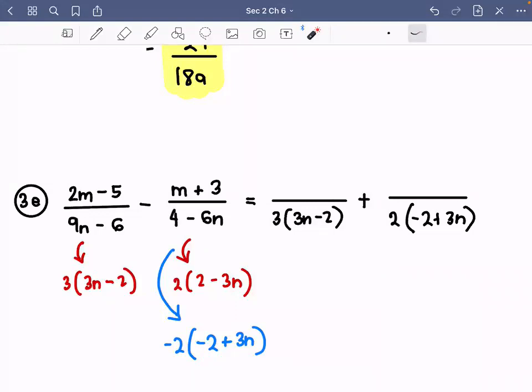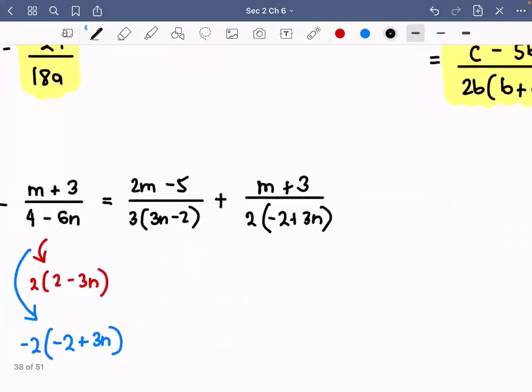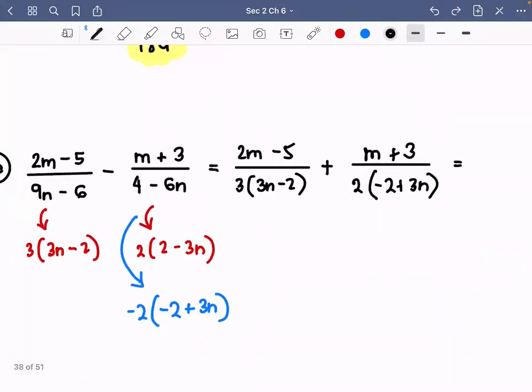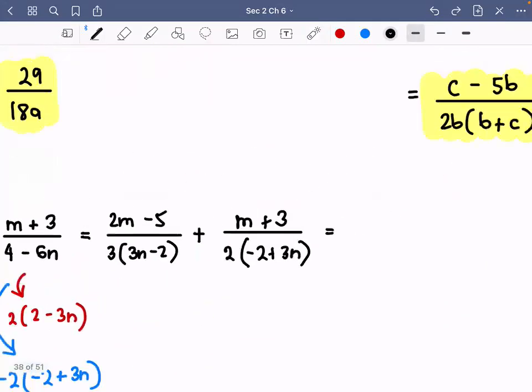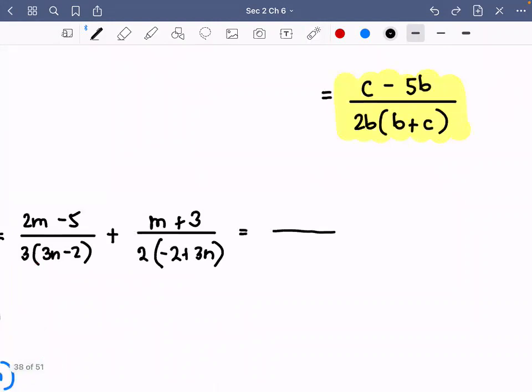Sorry, I forgot to write this one: 2m minus 5, and then m plus 3. Now we need to look for our common denominator, sorry for that. Looking here, what's your common denominator between 3 and 2?